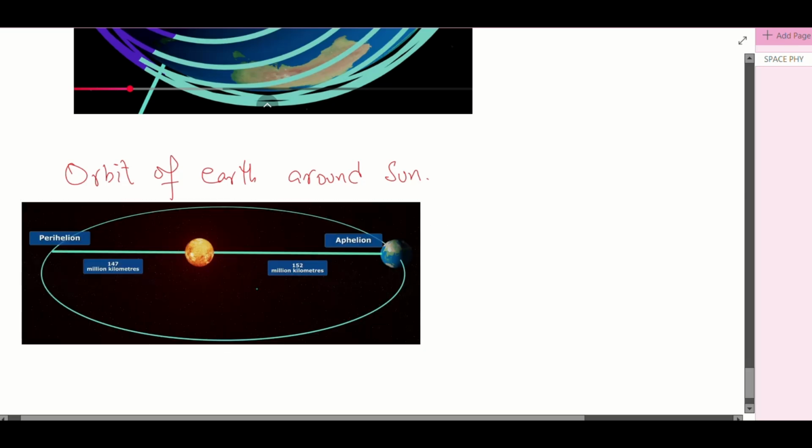The orbit of the earth around the sun is not a perfect circle, it's the shape of an ellipse, and even the sun is not exactly at the center. That's why the position where the earth is closest to the sun we refer to as perihelion, and where the earth is farthest we refer to as aphelion.